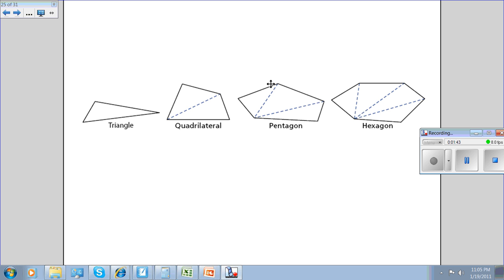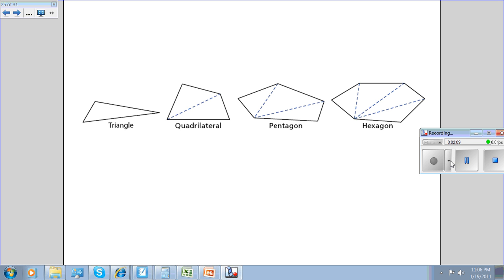If I start at one vertex in a pentagon and draw my diagonals in, I have three different triangles, each at 180, for a total of 540 degrees. Hexagon, again starting at one vertex and drawing all the diagonals in: four triangles, each 180, makes a total of 720.